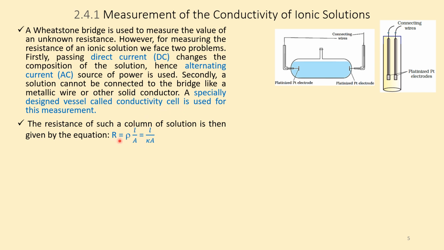So this equation becomes R is equal to L divided by kappa into A. The quantity L by A in the above equation is called cell constant and it is denoted by symbol G star. So G star is a cell constant whereas G was the conductance.